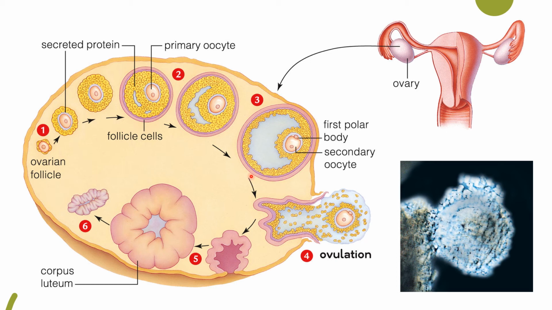And then if there's ovulation, it looks like this. And then of course, it will eventually become a corpus luteum. Okay, so that's the schematic diagram of oogenesis.